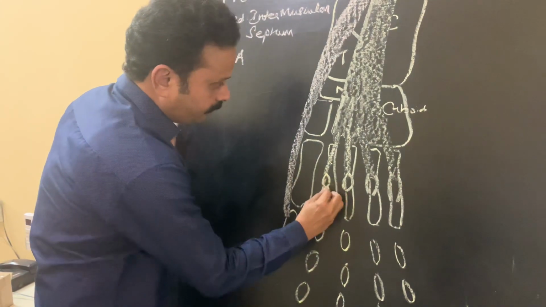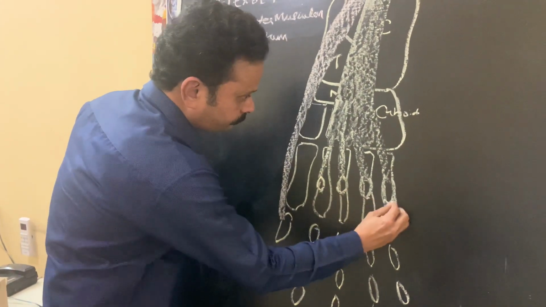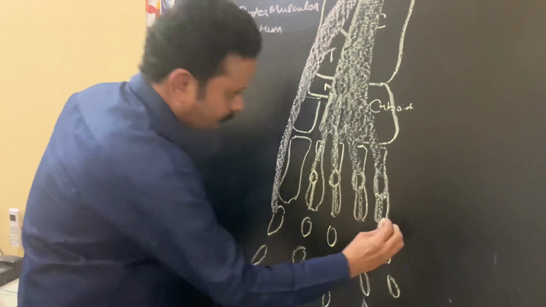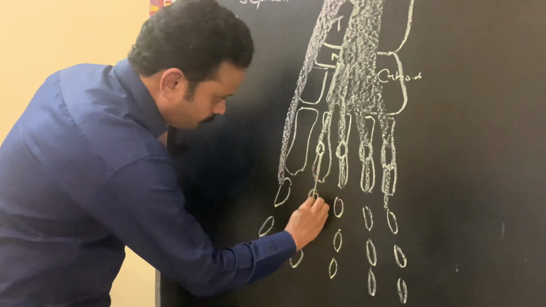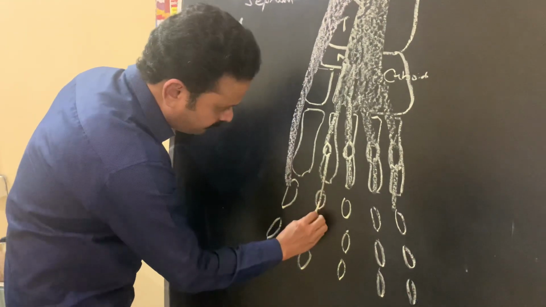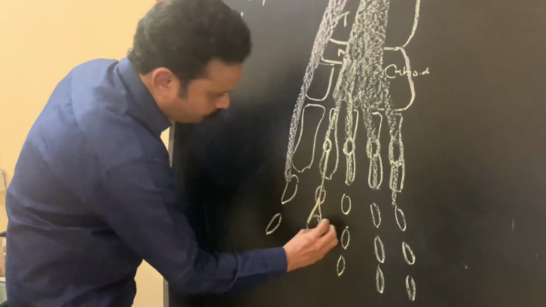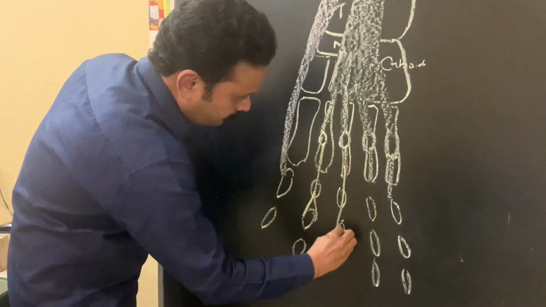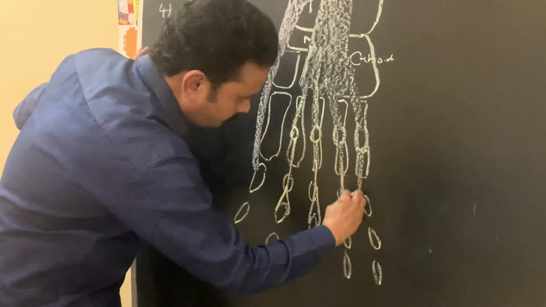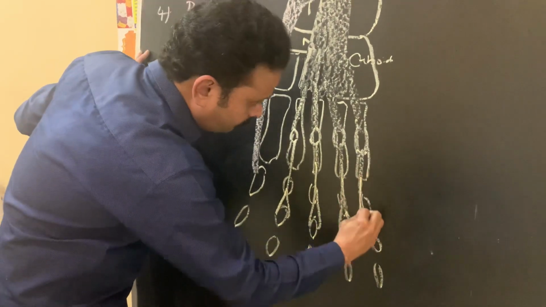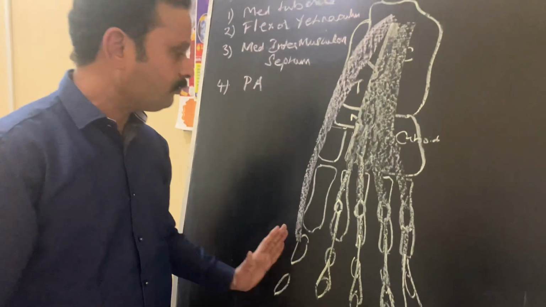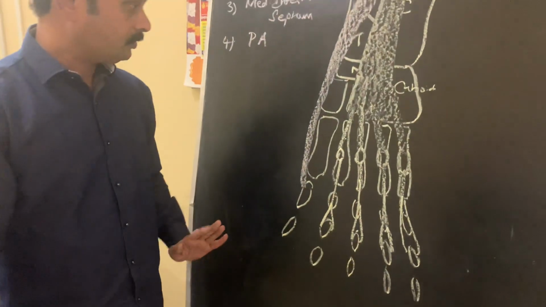Then again reunites, descends downwards to reach the middle phalanx, where again it splits into 2 to be inserted onto the sides of the bases of middle phalanx of lateral 4 toes.